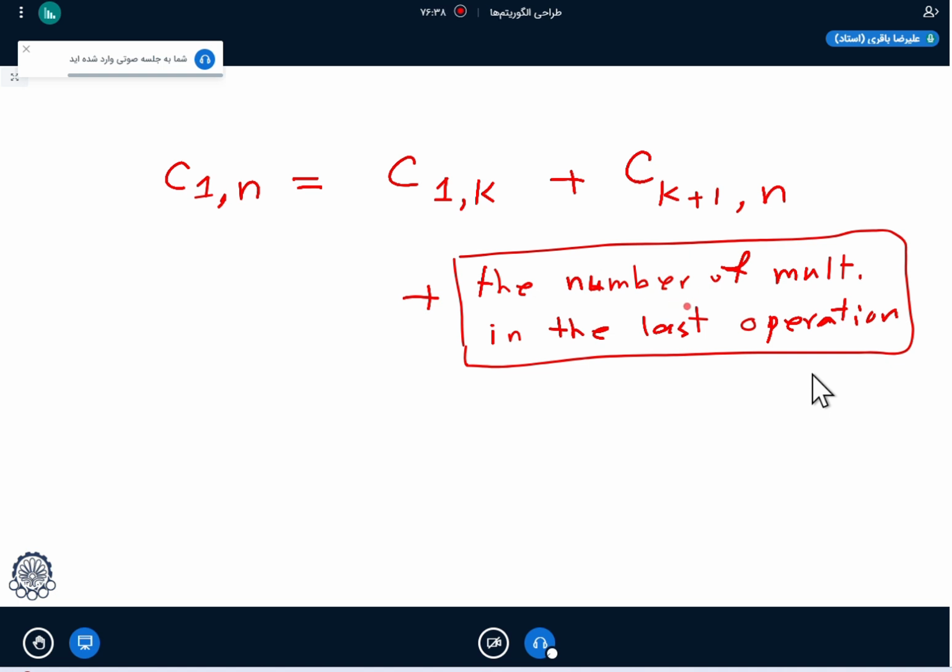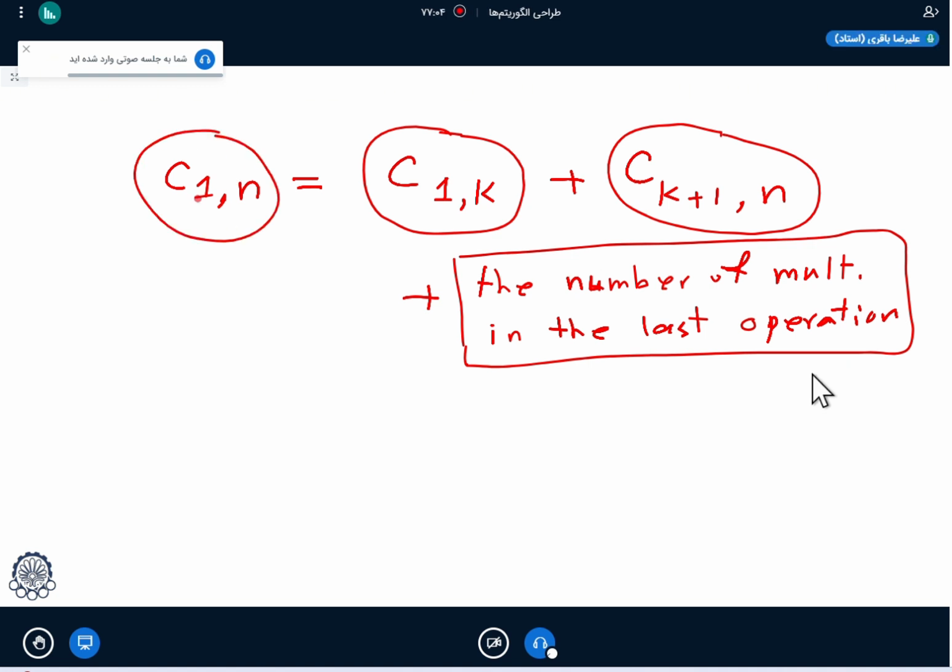C1k is the number of multiplications in subproblem 1, or in the left side. Ck plus 1 to n is the number of multiplications in the right side. And C1n is the total number of multiplications in multiplying the M1 to Mn matrices, the total matrices.